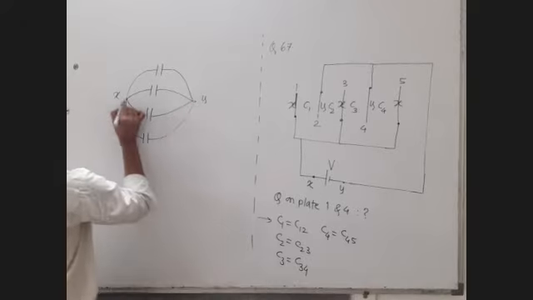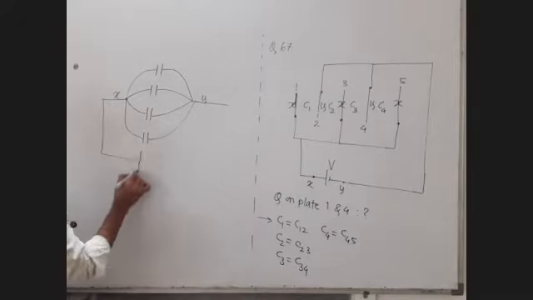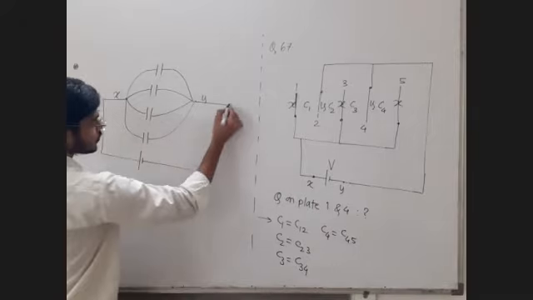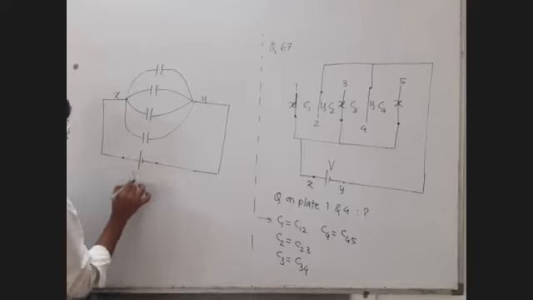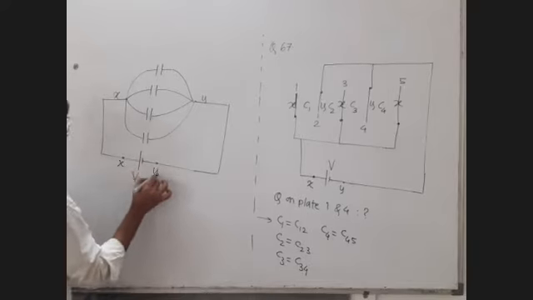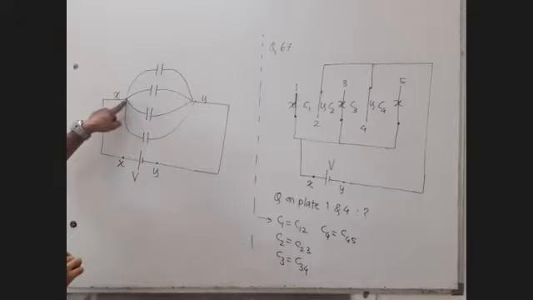And there is a battery here like this. The battery has potential difference equal to V. This point is X, this point is Y. The same points are available here.